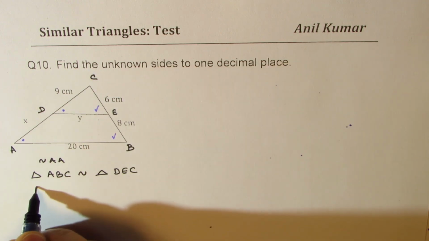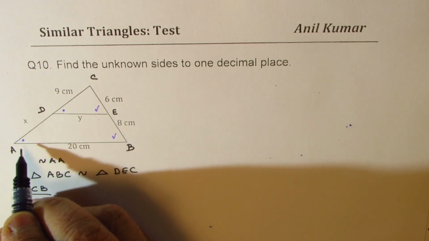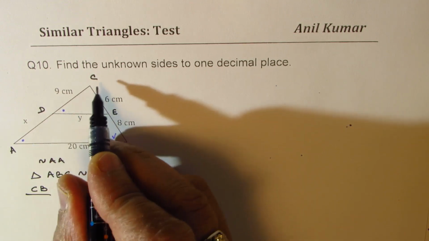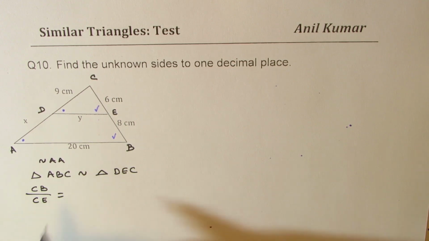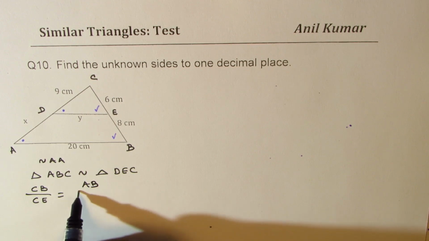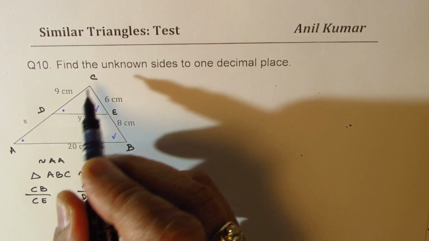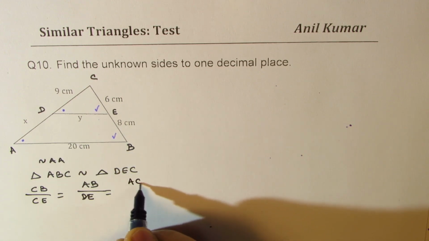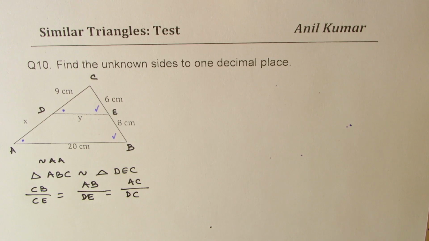So we'll write CB, this big side, which is opposite that angle, should be equal to CE, right? Okay. Now 20, which is AB, over DE. And the third side is AC over DC. So that gives you this set of equations.